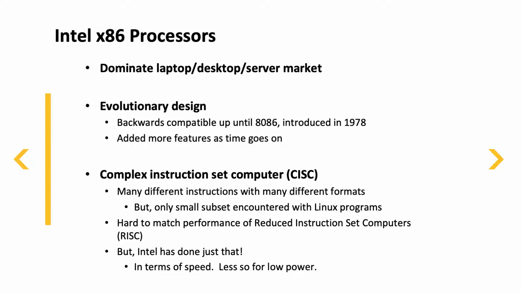But we do want to keep in mind that it's hard to match the performance of reduced instruction set computers. We know that RISC systems historically tend to be better as far as speed and power consumption, but Intel has actually managed to make CISC systems that match RISC processors in terms of speed, but maybe not so much for power.